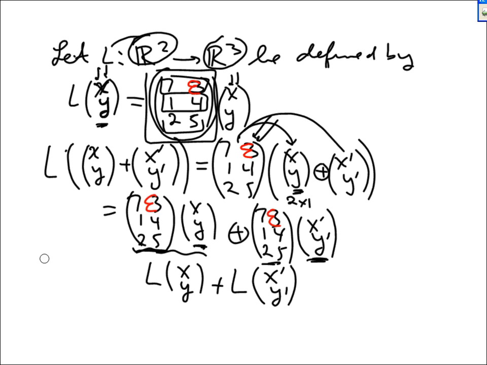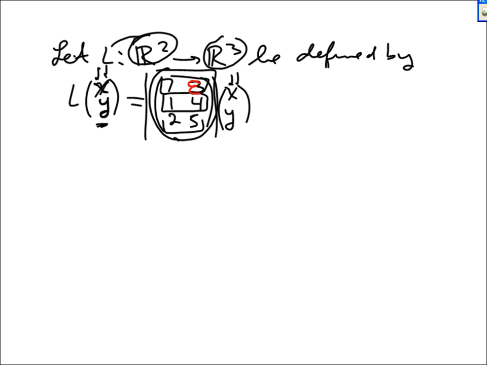of the definition. Now, let us look at condition number 2, the scalar multiple condition. Now, let u equal xy, and c is any scalar.